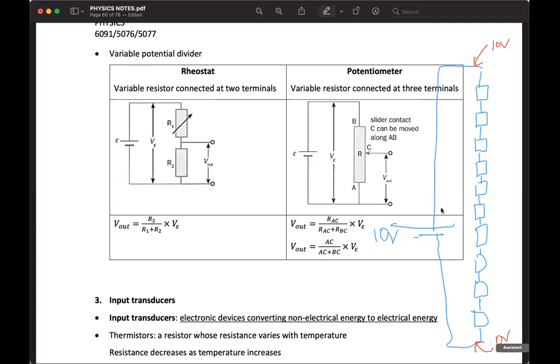So what can I do? I got 10 resistors here of the same value. If I were to continue to draw the line out here, which is this line here, this line will still be 0 volt. But if I were to point, let's say I point right in the middle here. Okay, so this point now will be 5 volt. Understand? So the question about this is, this point can be moved. I can move this point.